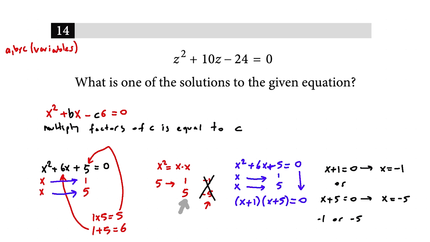Whenever you add the factors of c, the sum must be equal to variable b. If these rules are correct, you can proceed and find the solution.